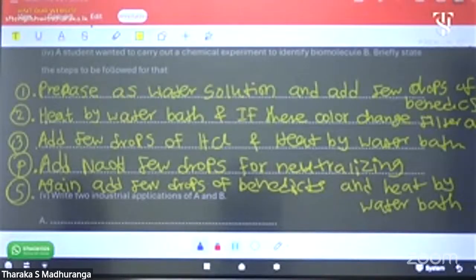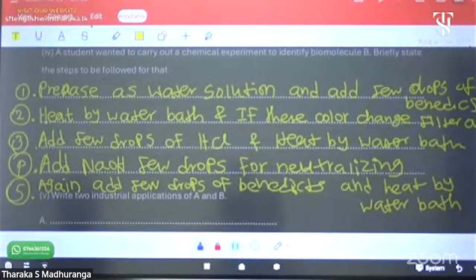Any doubt up to now? Kabir, clear, right?